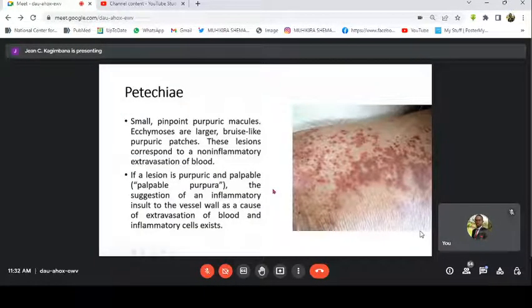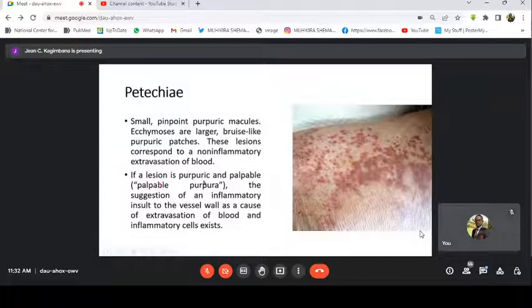Petechia. This is a small pinpoint purpuric macule. Again, macule because of the size of each one. Okay? They are purpuric patches.